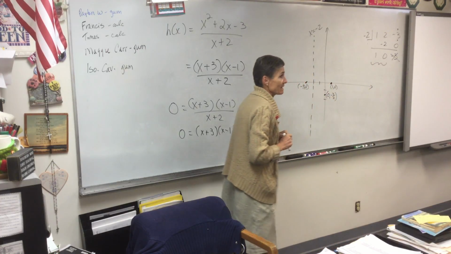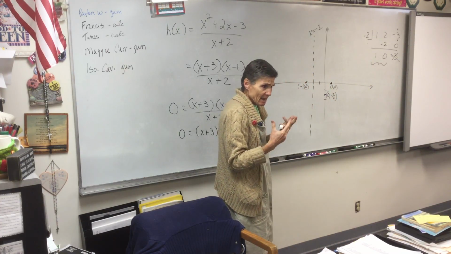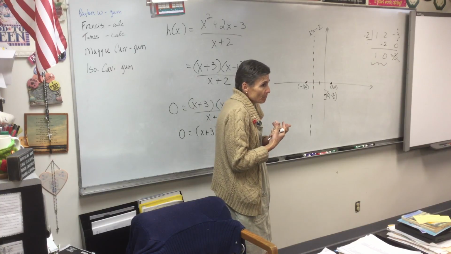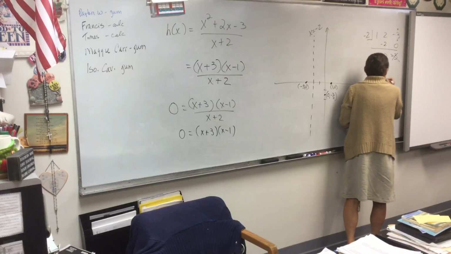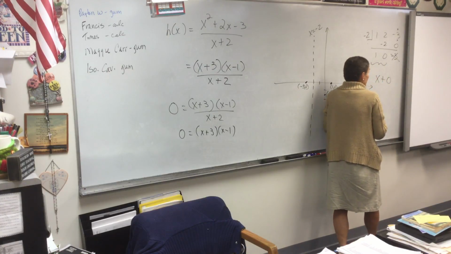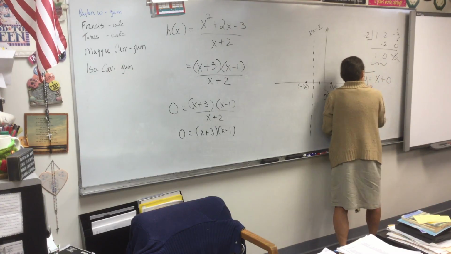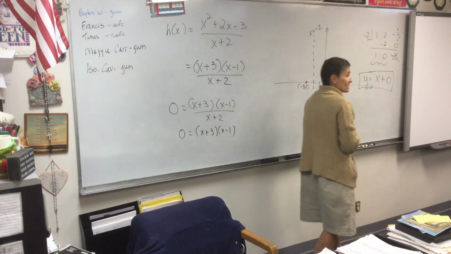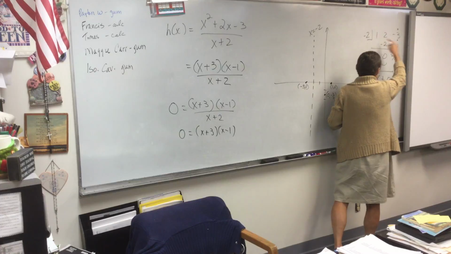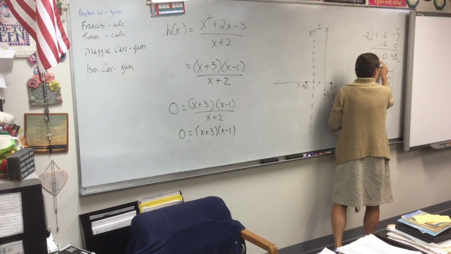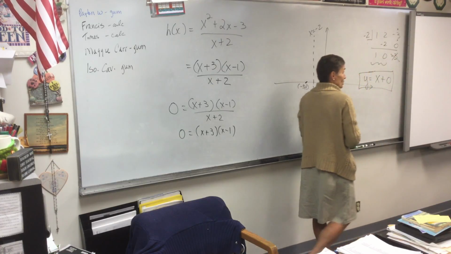What does that represent? X plus 0. Y equals X plus 0 is your slant asymptote. So when you do the synthetic division, this part right here gives you your asymptote.